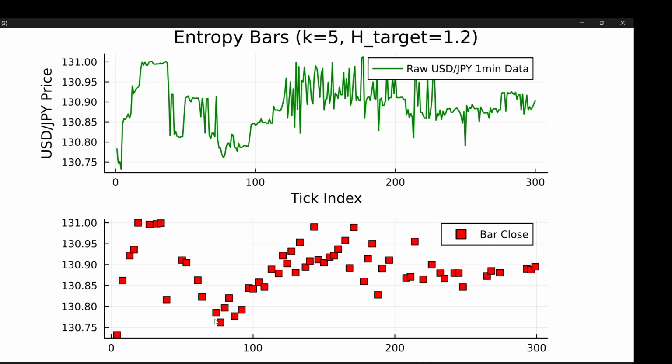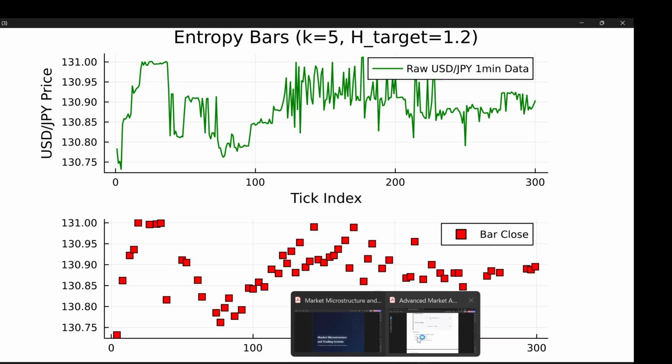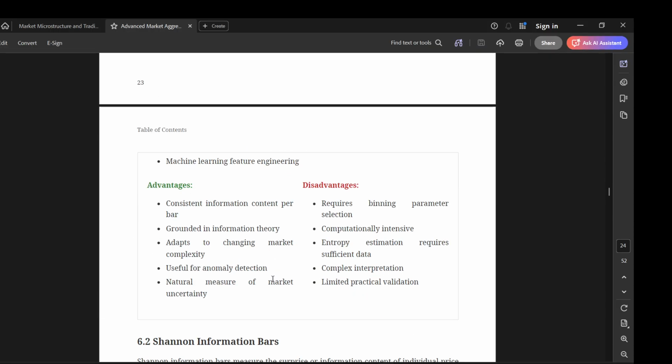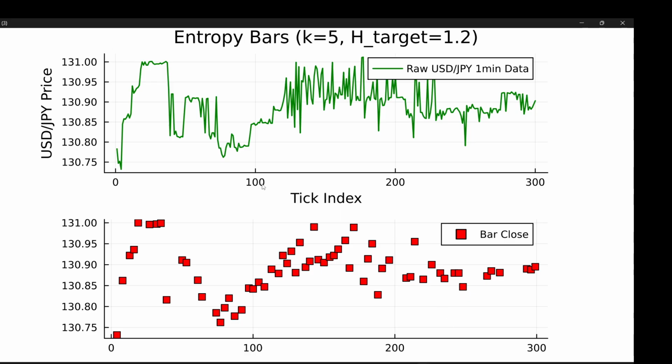As you can see, there's some structure here, but it takes a fair amount of sophistication to analyze entropy-based bars, as that is one of the disadvantages because it's a complex interpretation. You have to be a little bit sophisticated to even use this type of analysis and aggregation. But that's about it.